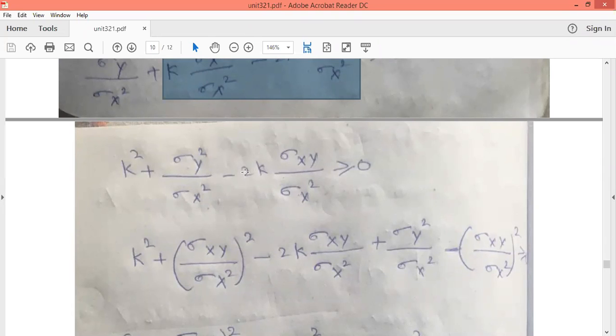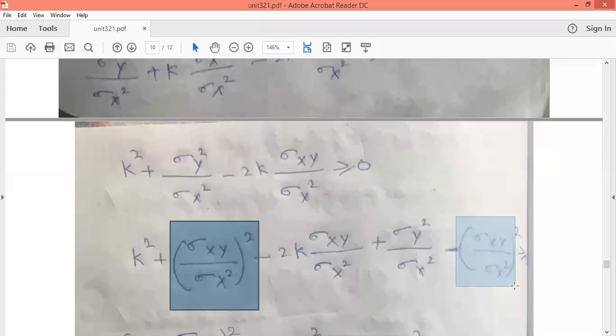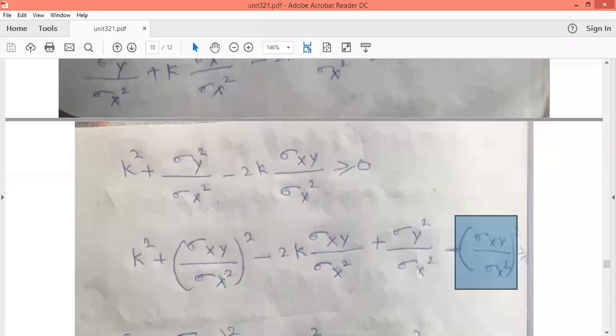Okay, so 2ab, a is already there, k square is there, and b square we want to get, which is (sigma xy by sigma x square) whole square. We have to add and subtract it. That is why this term is added and subtracted, so that there is no change in this equation.